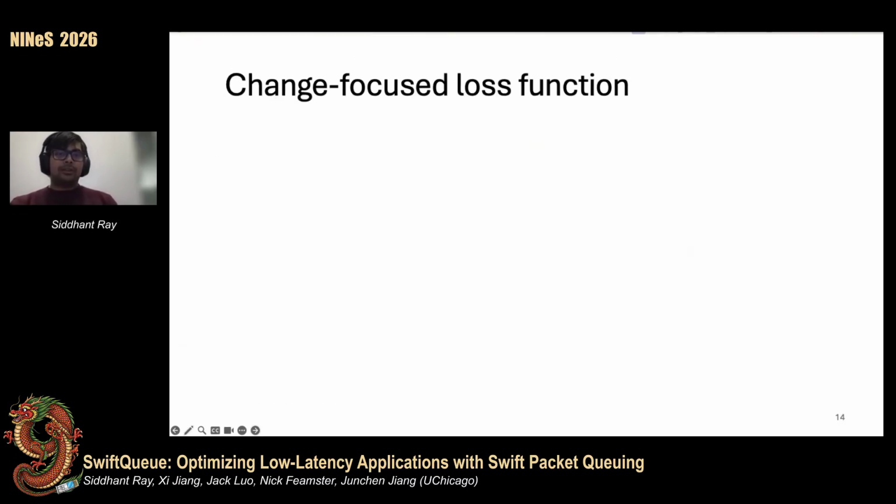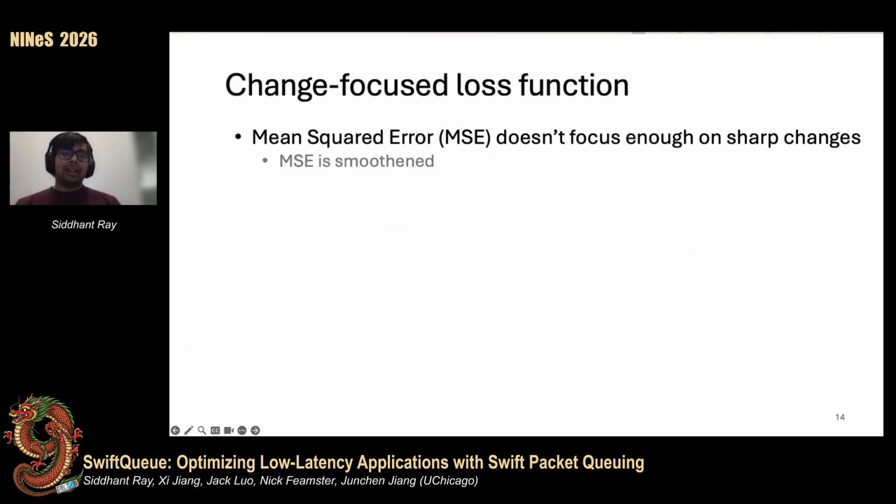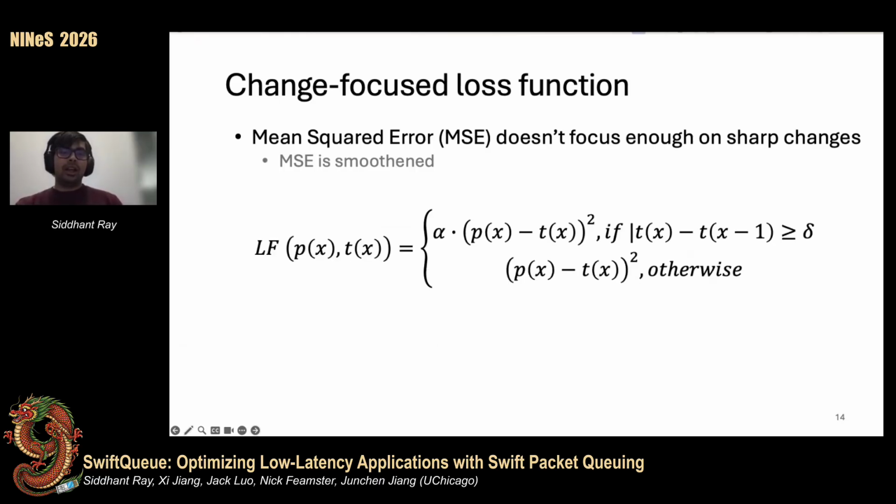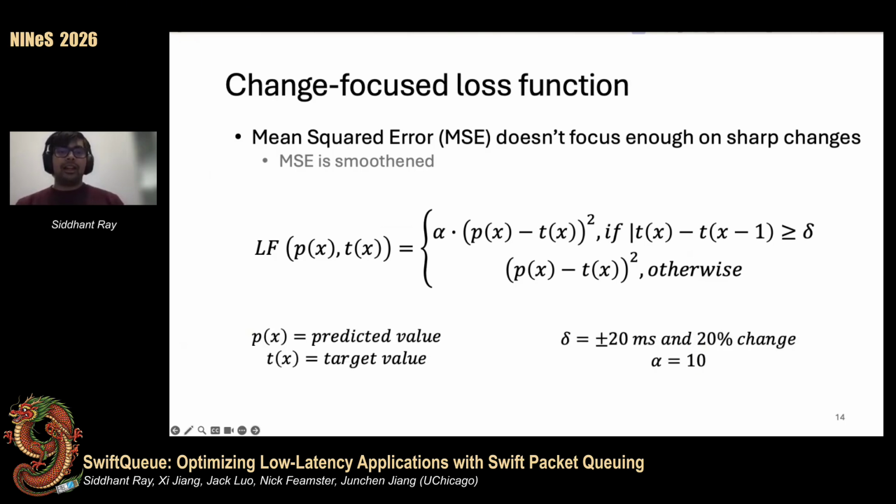So let's go over the change focus loss function. The mean square error, which is generally used for training deep learning models such as transformers, does not focus enough on sharp changes as it is too smoothened. So we design a custom loss function which focuses on sharp changes, where if the change is greater than a threshold, and our threshold over our experiments is plus minus 20 milliseconds and a 20% change.